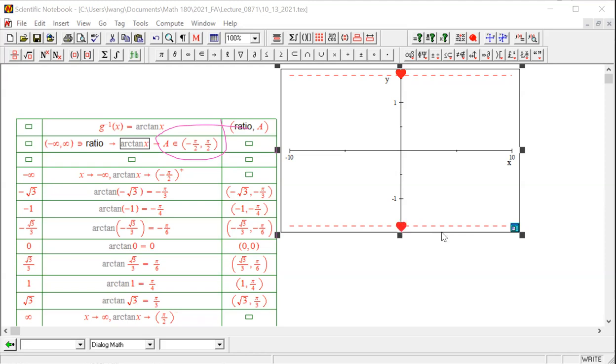Can you mark these two points? Can you mark these two lines? Now please, the two points over there and the two lines that are bounding the curve we're about to draw.